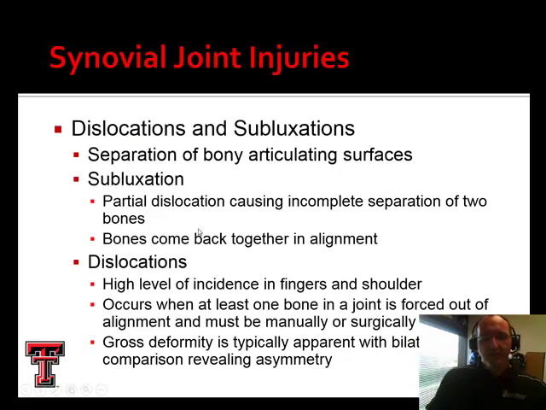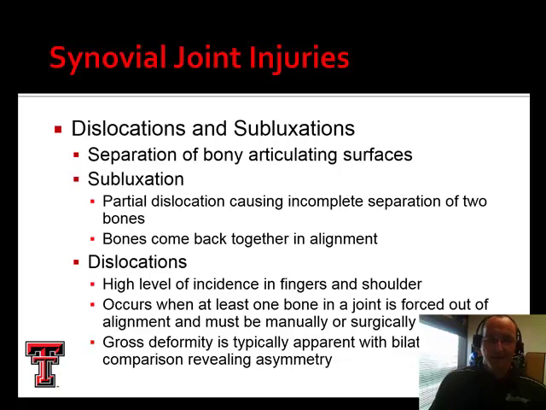With a dislocation or subluxation, basically kind of two flavors of a similar injury. A dislocation involves a complete malposition of one bone relative to another. These can sometimes spontaneously reduce. In other words, they go back into place on their own. With a subluxation, it's a partial dislocation or an incomplete separation of the two bones.